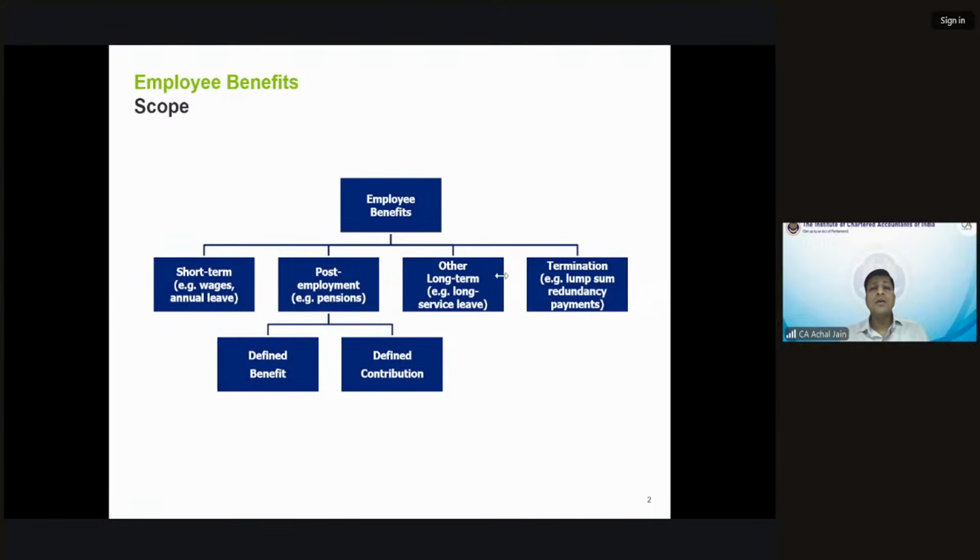Because depending on whether the employee benefit is accumulating or non-accumulating, its accounting varies. Yes or no? Its accounting varies. So can you help me understand what are accumulating and non-accumulating employee benefits? Over to you.